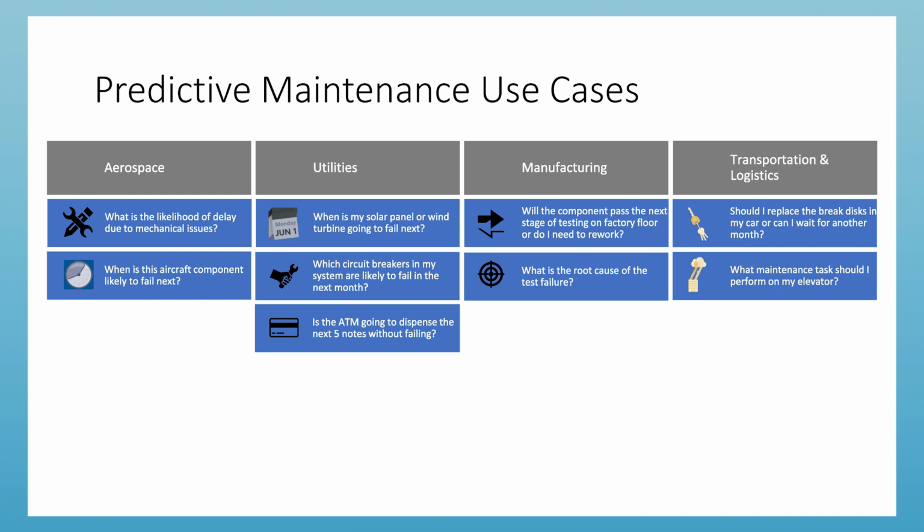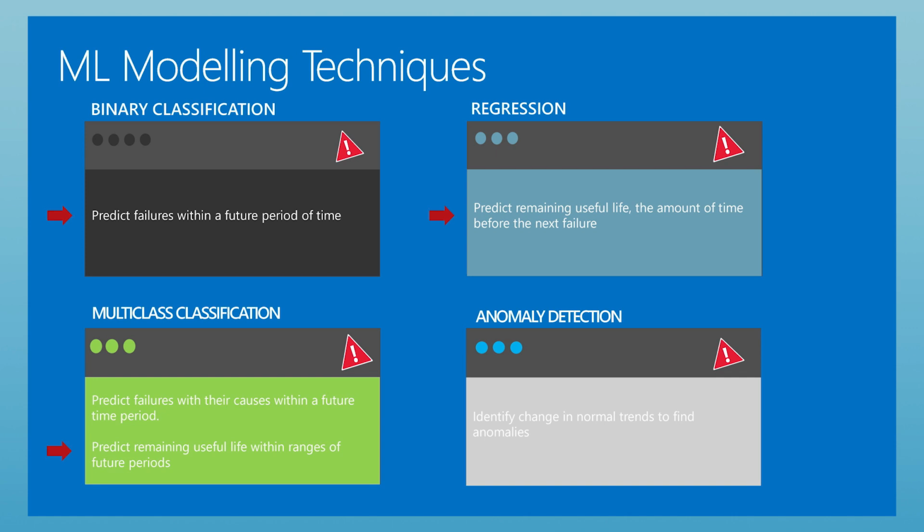In terms of machine learning modeling for predictive maintenance, the most commonly applied techniques include binary classification, multi-class classification, regression, and anomaly detection. Anomaly detection mainly works on real-time data.